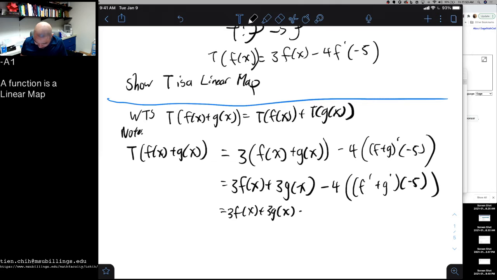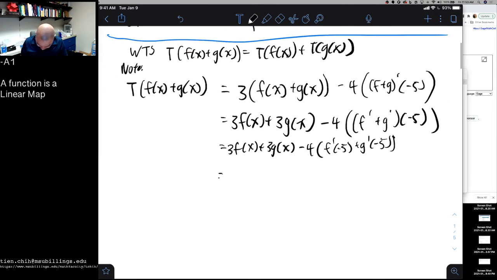When I work that through, that's f prime of -5 plus g prime at -5. And my multiplication by 4 should also be distributive. So what I should get is 3 f of x plus 3 g of x minus 4 f prime at negative 5 minus 4 g prime at negative 5.